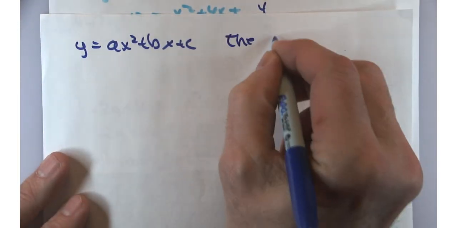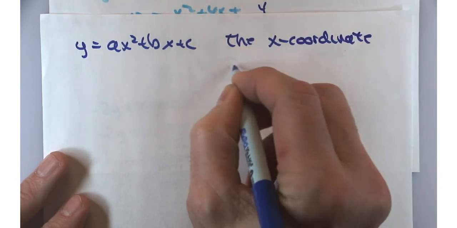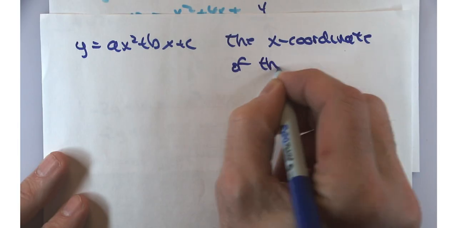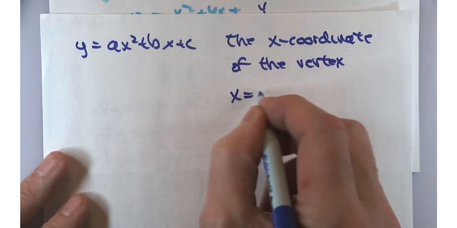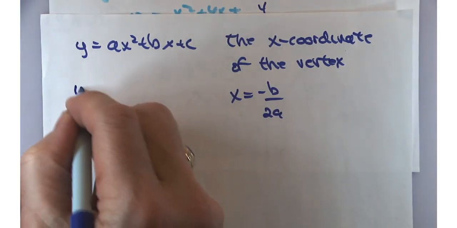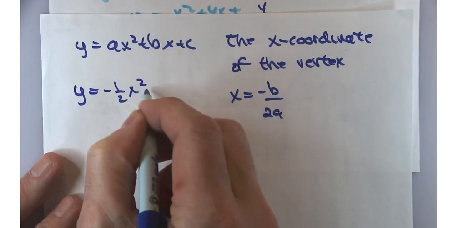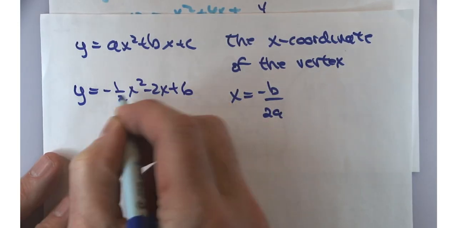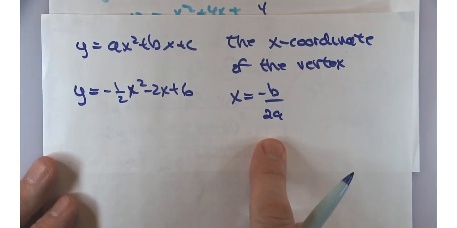The x-coordinate of the vertex is x equals negative b over 2a. So let's take a look at what that's going to mean for us here. We've got negative 1/2 x squared minus 2x plus 6. What are a and b in this particular case?